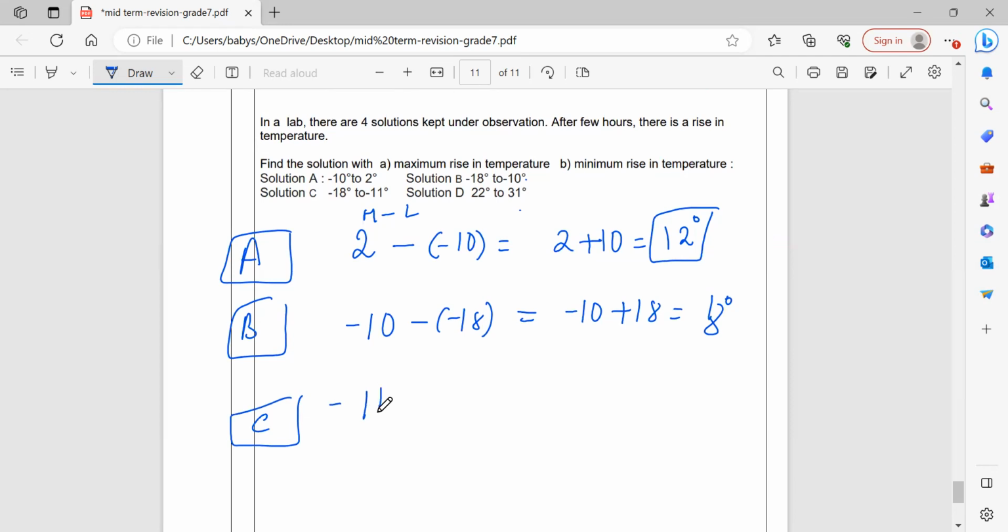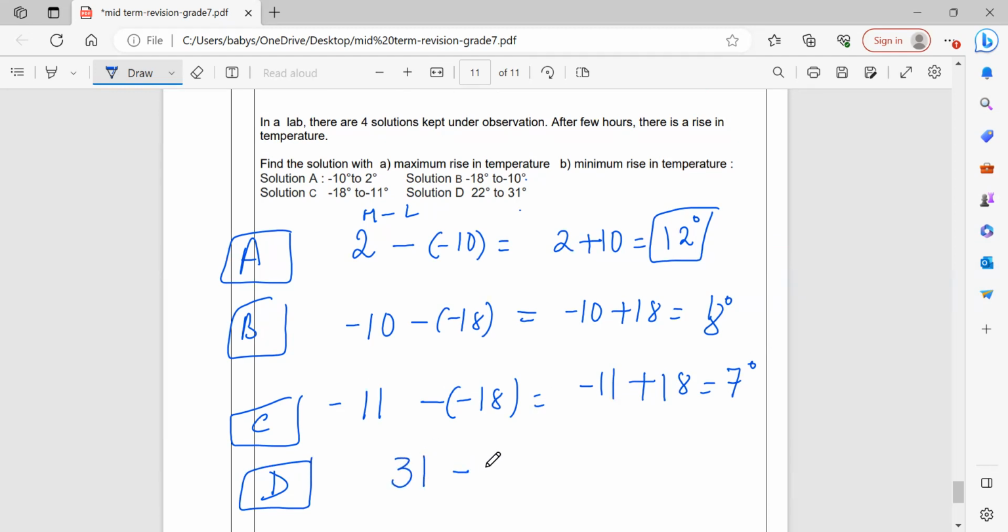Higher temperature is minus 11. From that you take away minus 18. So minus 11 minus into minus is plus 18. 18 minus 11 is 7 degrees. And finally, the last one is 22 to 31. So higher temperature minus lower temperature. So 31 minus 22, which is 9 degrees rise in temperature.